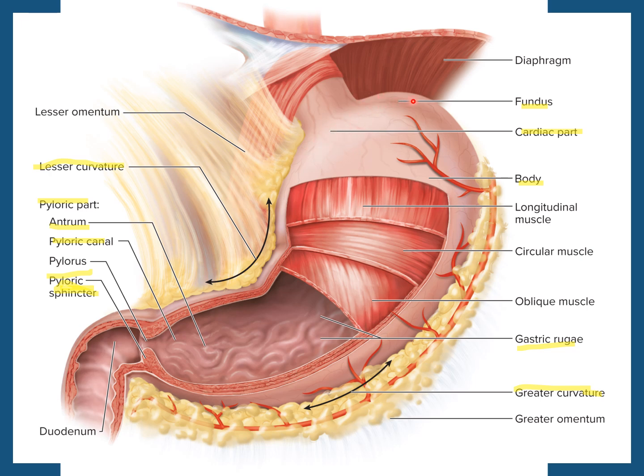And then the top region of the stomach is called the fundus. The body is the main bulk of the stomach. And then we have this lower region, which is the pyloric portion. The pyloric portion can be broken down into other parts.